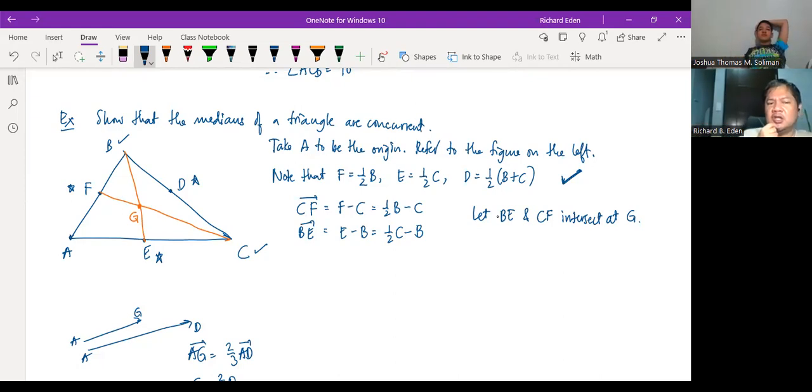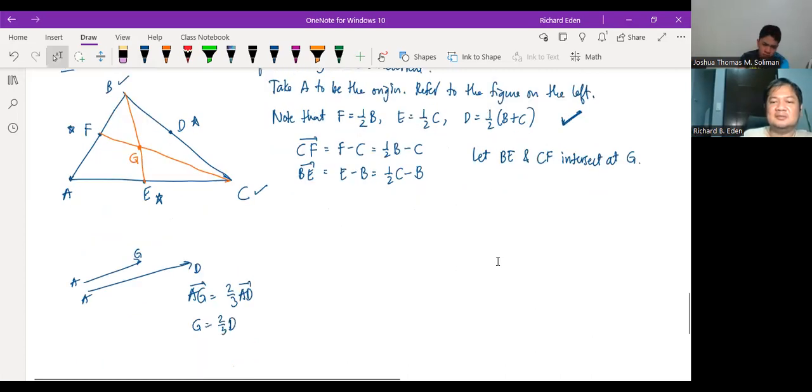So I'm thinking, hey, you know what? Wouldn't that mean that we should also be able to express G in terms of B and C? So that's what we're gonna do. Try to express G in terms of B and C. All right. So kasi, I mean, the entire triangle depends only on the locations of B and C. So everything else, somehow it should be possible, maybe complicated lang.